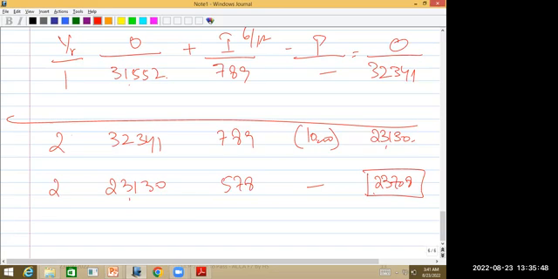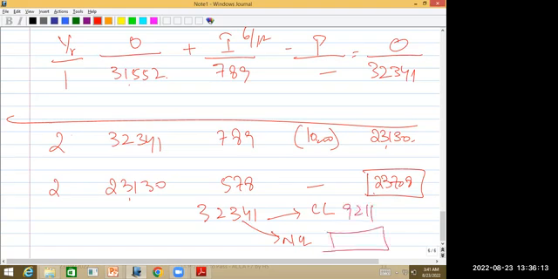So out of 32341, the current liability and the non-current liability: current liability is 10,000 minus 789, 9211.